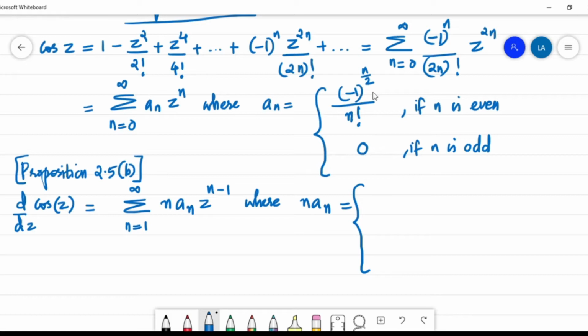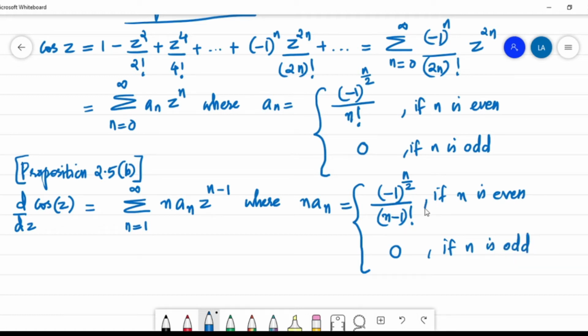So, I will be getting minus 1 the whole raised to n by 2. I am multiplying this a n with n. So, in the numerator I have n, in the denominator I have n factorial, the n and n cancel out and the remaining term in the denominator is n minus 1 factorial, if n is even. Here it will be 0 if n is odd. So, this is a general term.